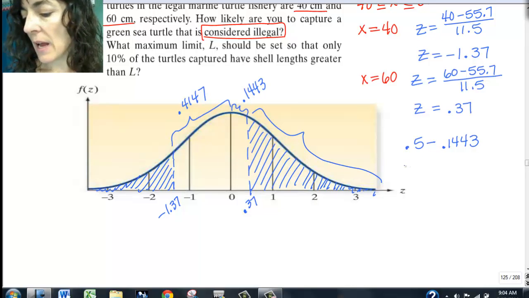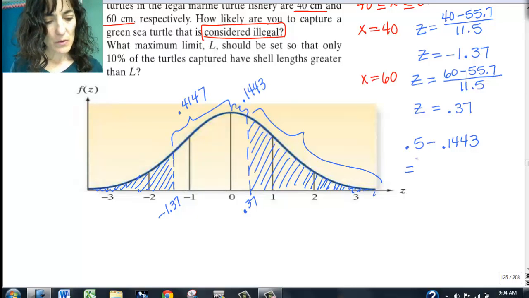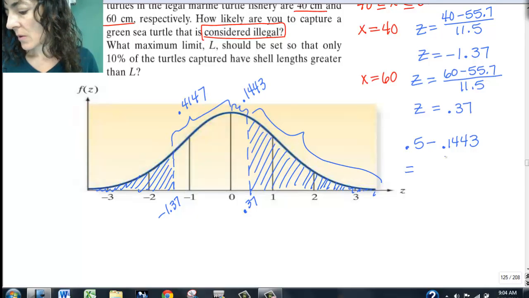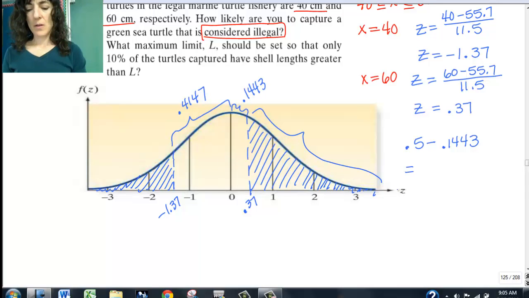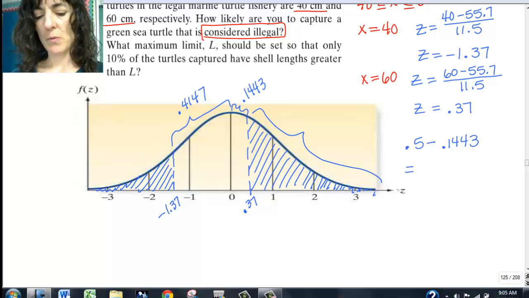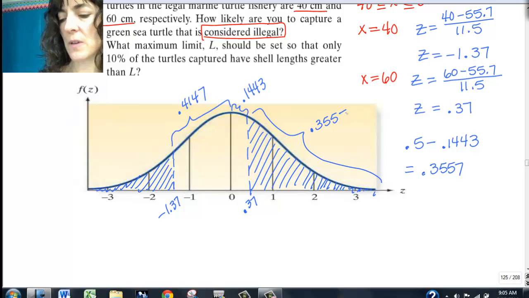Okay, so for the right-hand side, the shaded part is going to be 0.5 minus 0.1443, and then when I calculate that, it helps if I get my calculator out to start with, right? 0.5 minus 0.1443, I get 0.3557, and that's this piece here, 0.3557.